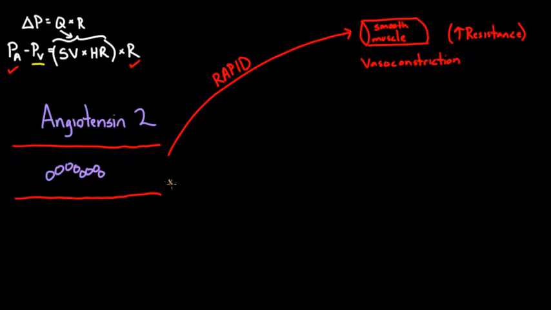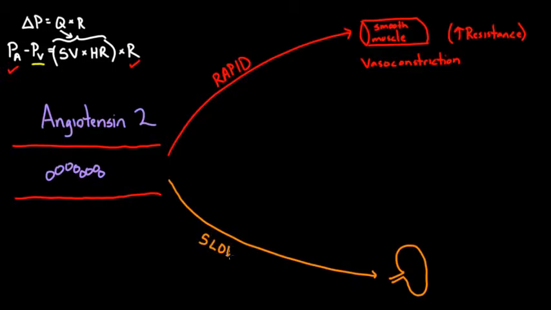So now another target organ would be the kidneys. And so here's a little kidney here. And this kidney is going to be affected by angiotensin 2 very slowly by comparison. So it's more of a slow response. And what happens is you get sodium reabsorption. As the kidneys are reabsorbing the sodium, they also pick up water.